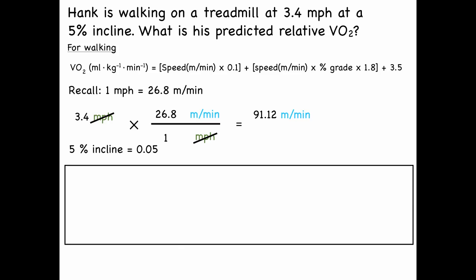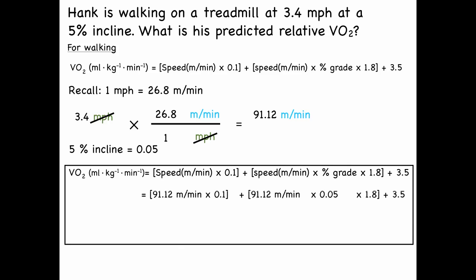So I can now enter all these numbers into my ACSM formula. So speed of 91.12 times the constant of 0.1, plus the speed 91.12 times the percent grade of 0.05, make sure it's decimal here, not 5, times 1.8, plus 3.5.